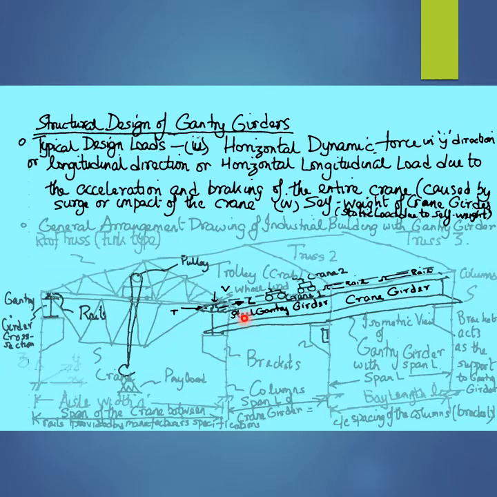In this case, since the steel gantry or the steel crane girder is supported on brackets that are connected or fastened to the columns of the industrial building, the span L of the crane girder or the steel gantry girder is the distance between the two adjacent columns that are supporting the brackets on which the steel crane girder or the gantry girder is installed.